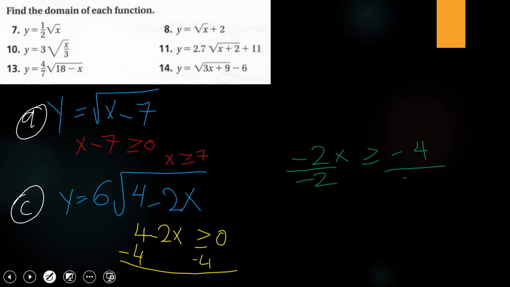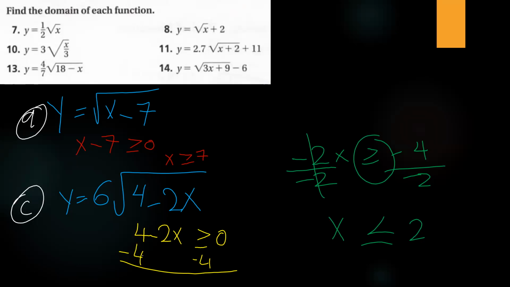Dividing by a negative number, we flip the sign. So it will be all real numbers x less than or equal 2. So teacher, is it clear? Yes, teacher, it's clear.